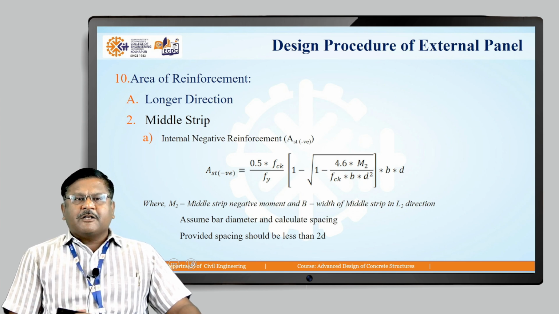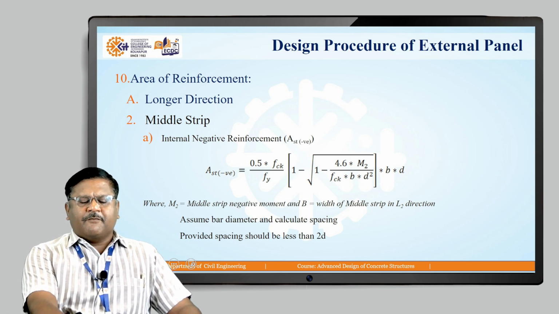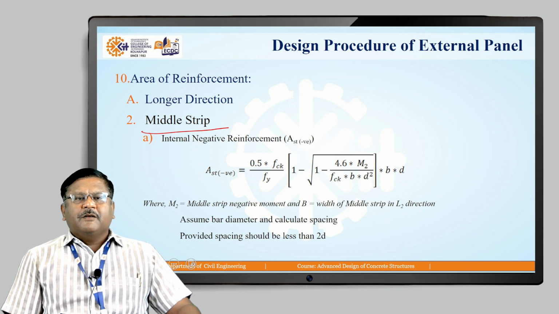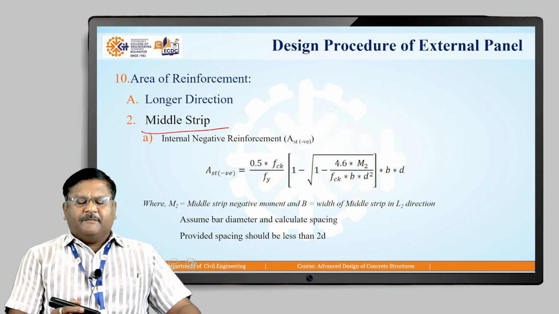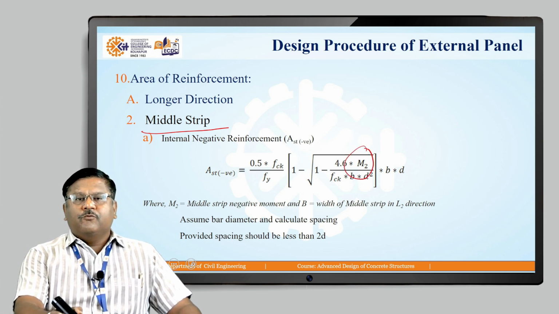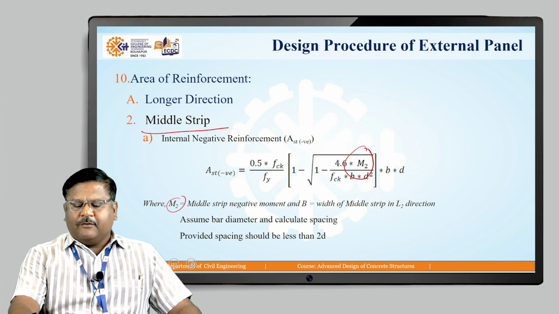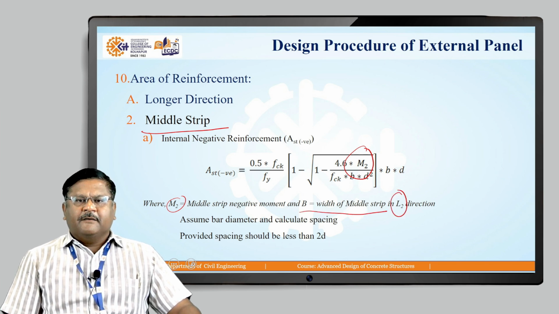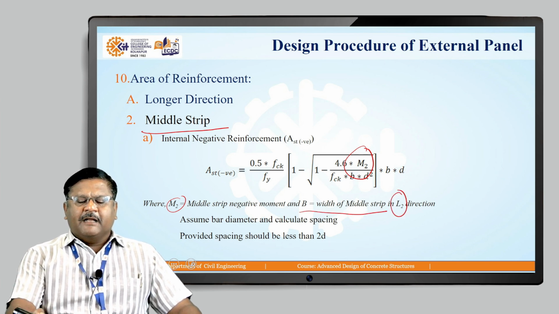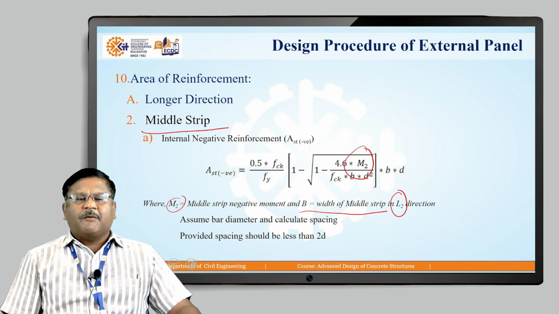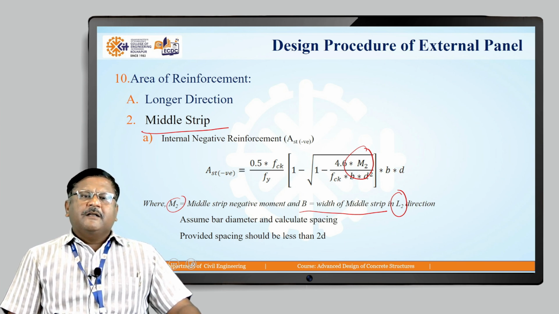Now, these are the calculations for column strips, and these are the calculations for middle strips. So, internal negative moment M2, the moment in the middle strip, M2, and width of middle strip but in the L2 direction. Calculate the AST negative, assume the bar diameter, calculate the spacing. Spacing should be less than 2D.